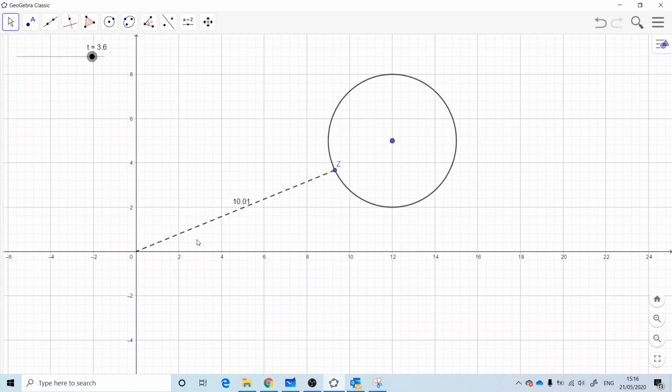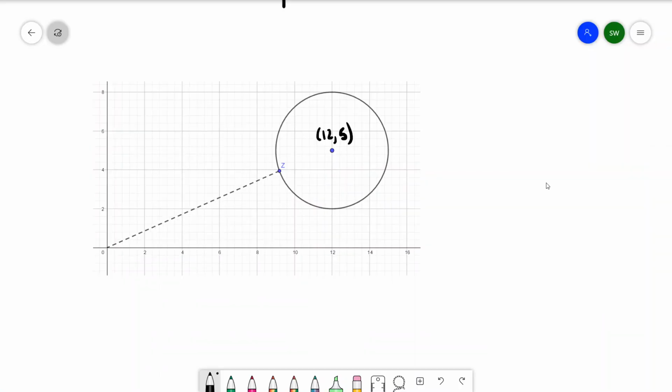And we know, because of the fact that we learned at the start, that this point here is going to lie on the line that goes from the origin to the centre of the circle. So we've got the diagram here, and that basically means we want to find out what this length here is. Let's call this length d. So d is going to be the min value of the modulus of z.